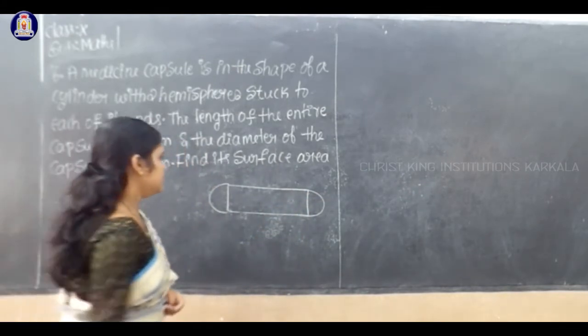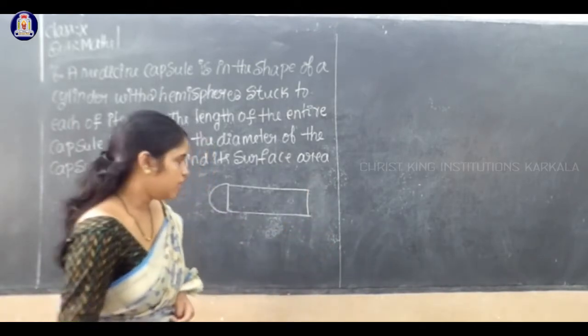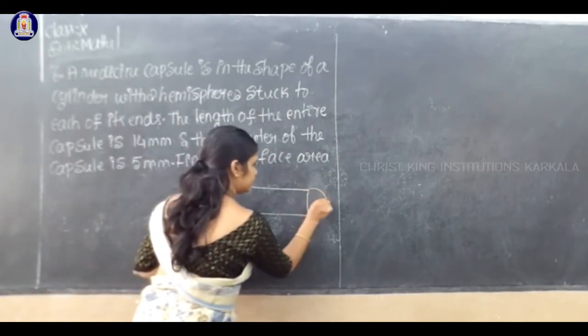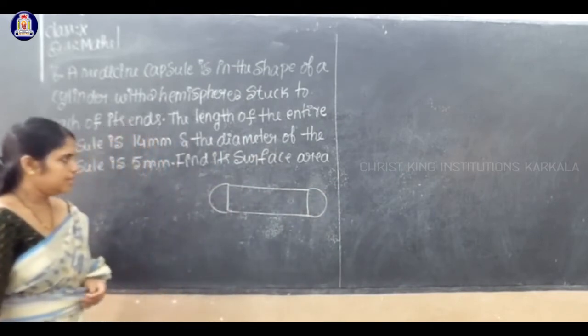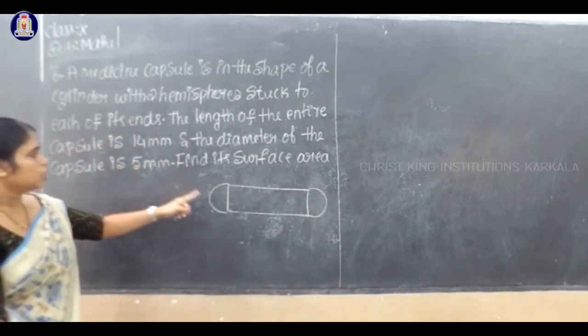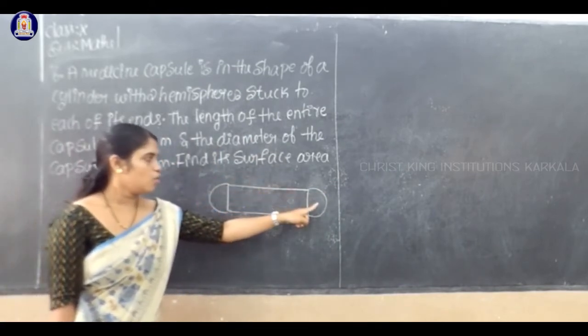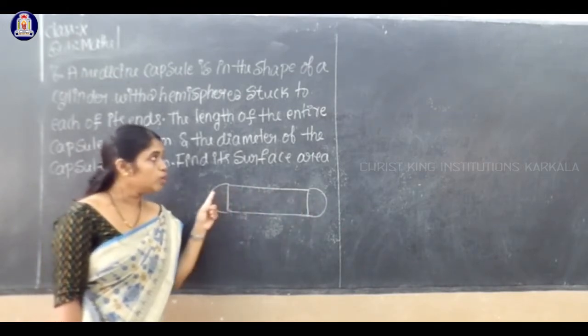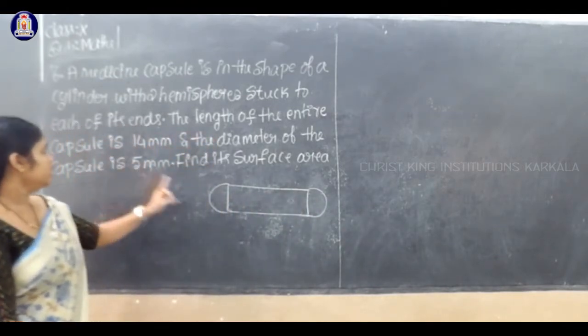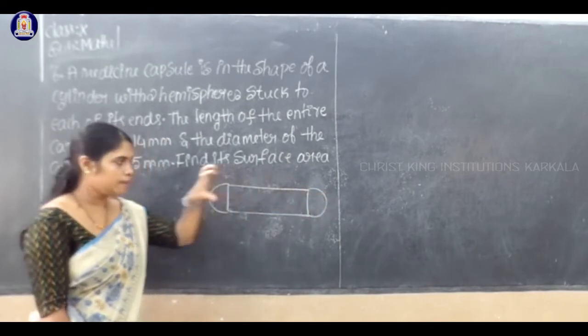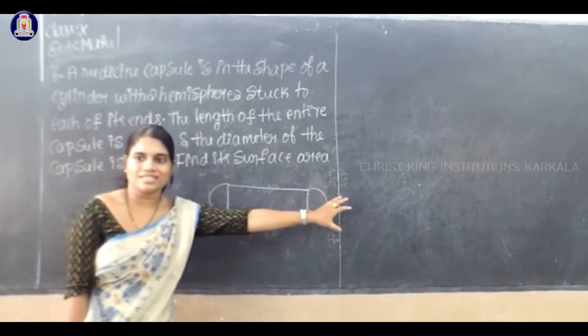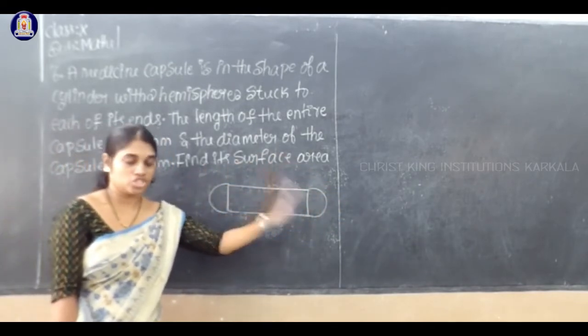This medicine capsule is in the shape of a cylinder with two hemispheres stuck to each of its ends. At the top as well as at the bottom, two hemispheres are stuck.